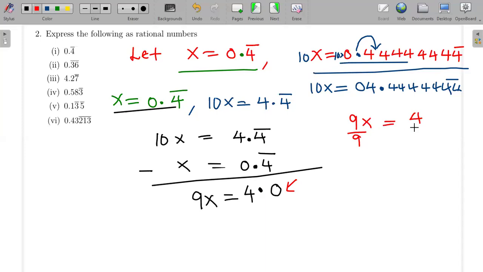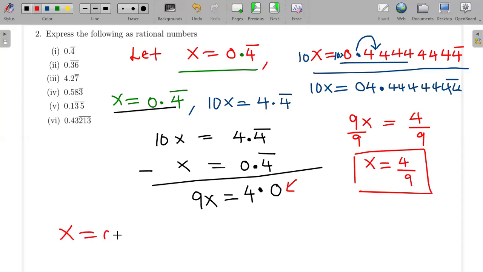Then I divide by 9, and here also I divide by 9. So x will just be equal to 4 over 9. But remember, x was also equal to 0.4 bar. So it simply means x equals 0.4 bar equals 4 over 9. So we have converted 0.4 bar to a fraction, which is 4 over 9.